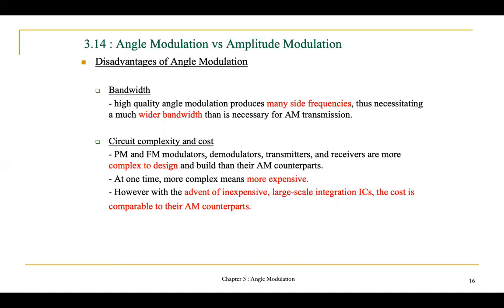The second disadvantage is circuit complexity and cost. The PM and FM modulator, demodulator, transmitter, and receiver are more complex to design and build, and since it's more complex, it is more expensive. However, with the advent of inexpensive large-scale integration of ICs, the cost is comparable to their amplitude modulation counterparts.